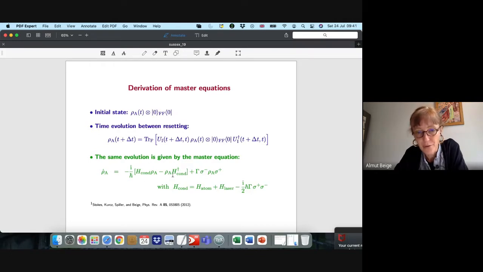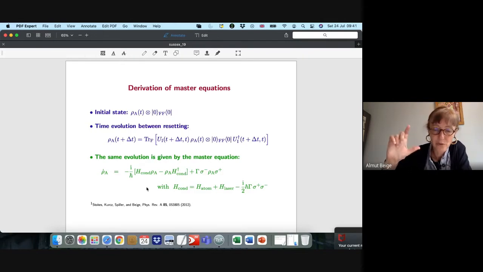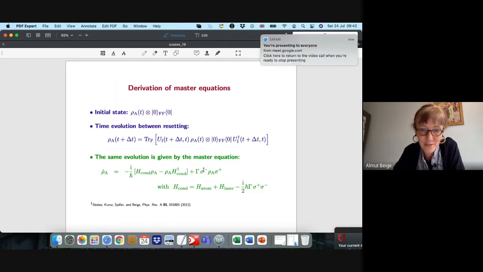The first term, as we will see later, describes the dynamics of an atom whenever no photon is found, and it shows how the state of the atom changes when no photon is detected. And if you detect a photon, then you know that your atom has gone into the ground state, and that's reflected by this term. So this is the mathematical formalism that we use.